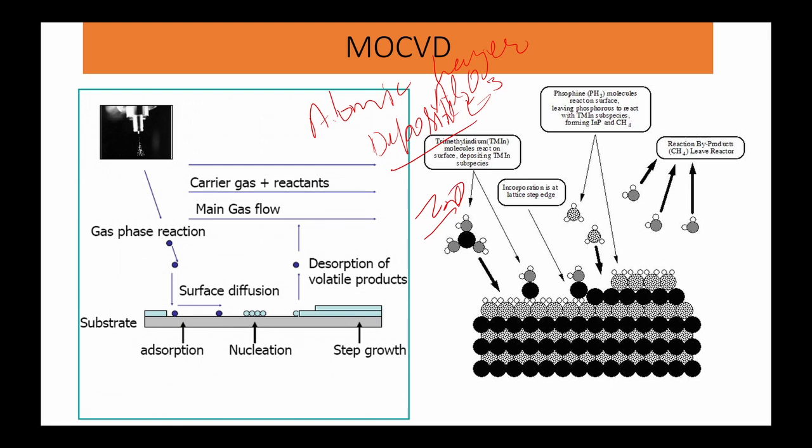In MOCVD or CVD, the principle is that both the precursors are allowed at the same time. But in atomic layer deposition, the precursors are allowed periodically.